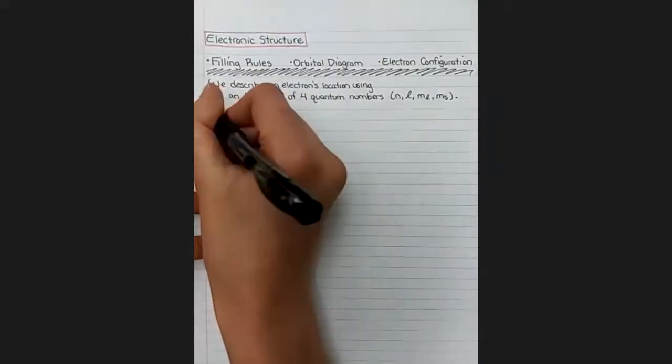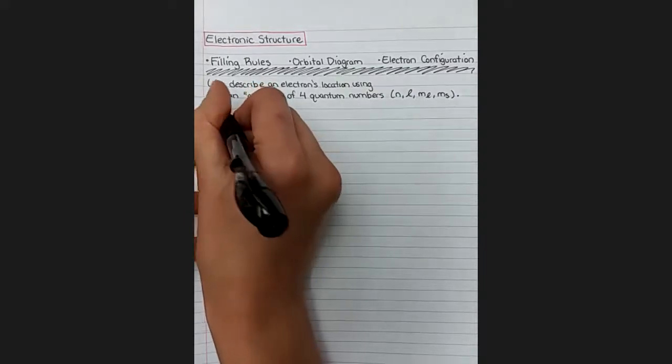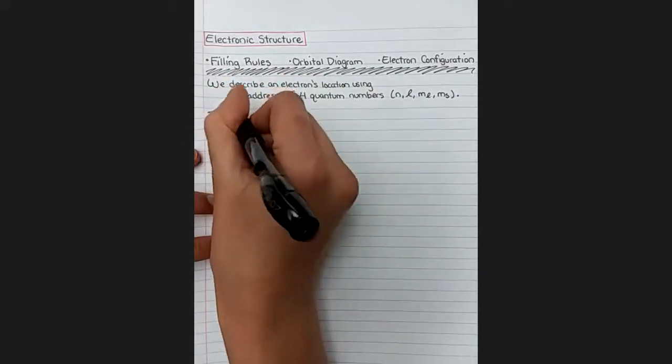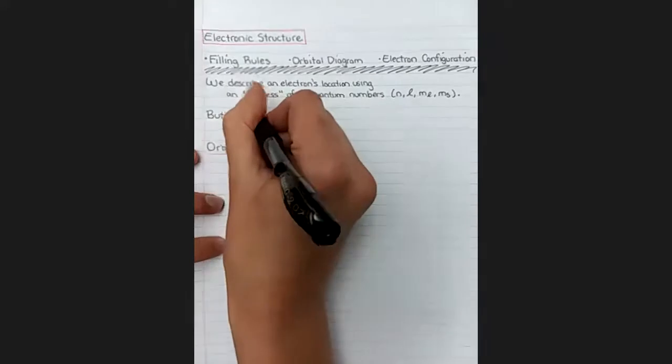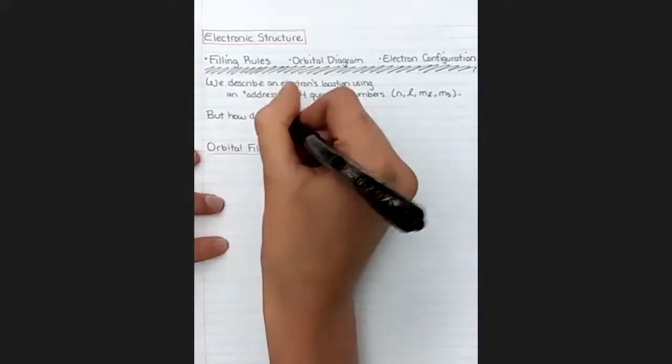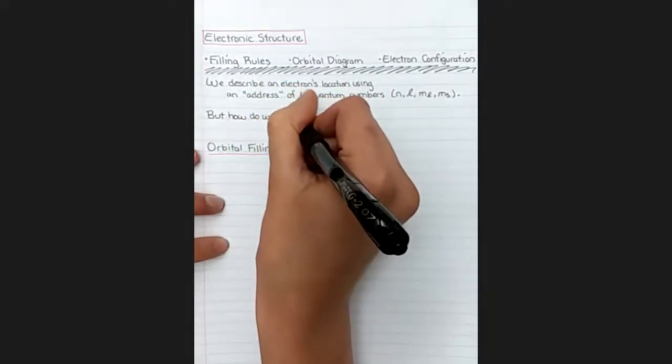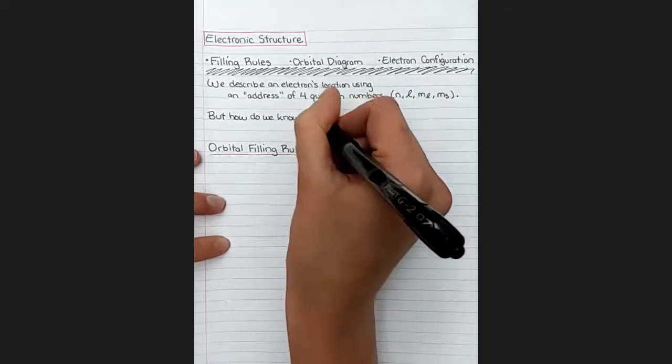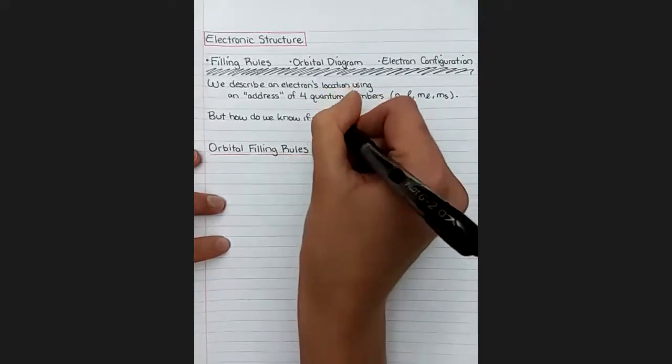But the one thing we haven't talked about yet is if anybody's actually home. How do we know if an electron actually lives in that orbital?